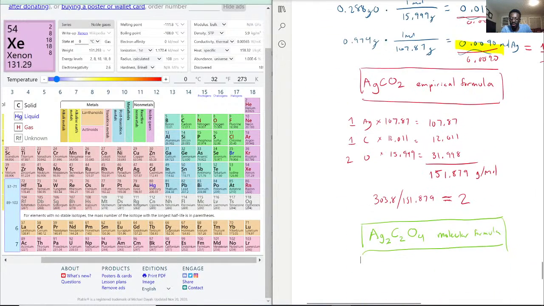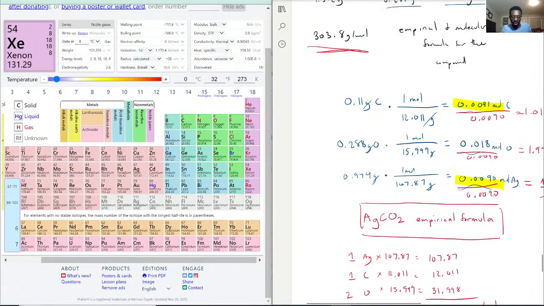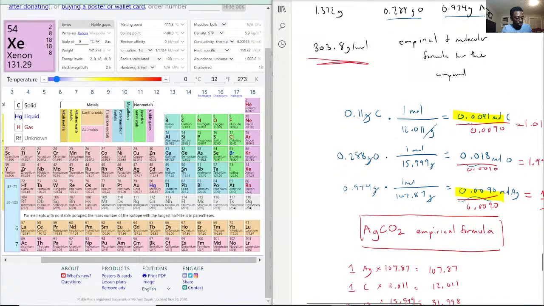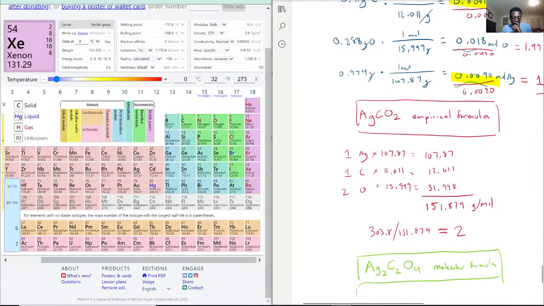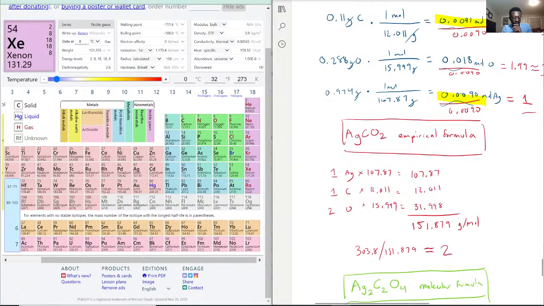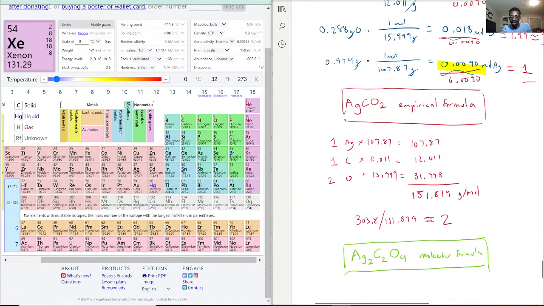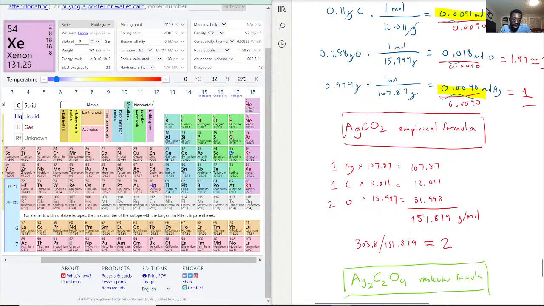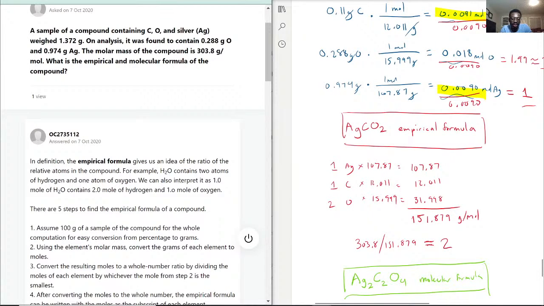Because 1.372 grams of it, divided by 303.8, is 0.045 moles of this molecule. I remember for every one of these molecules there's 2 silvers, which is how we got back to the 0.09 moles. So the math checks out for this.